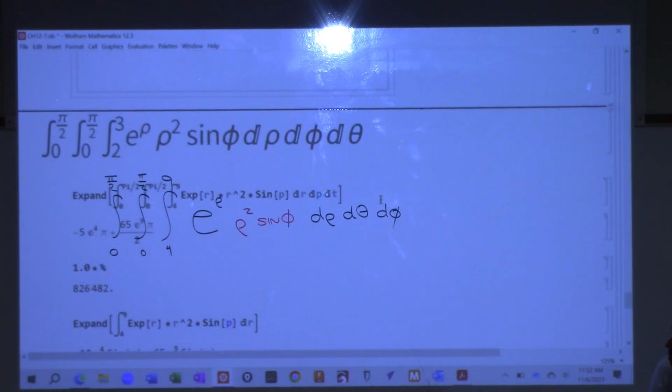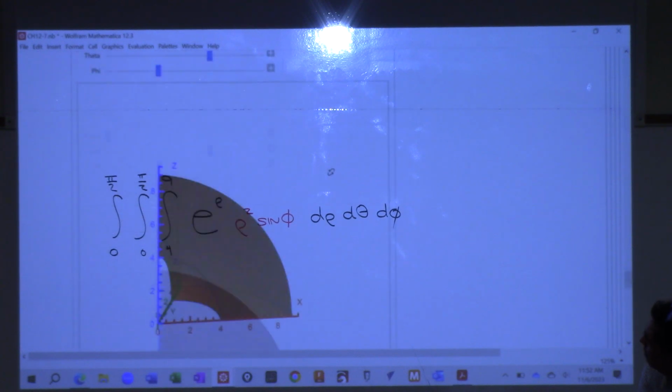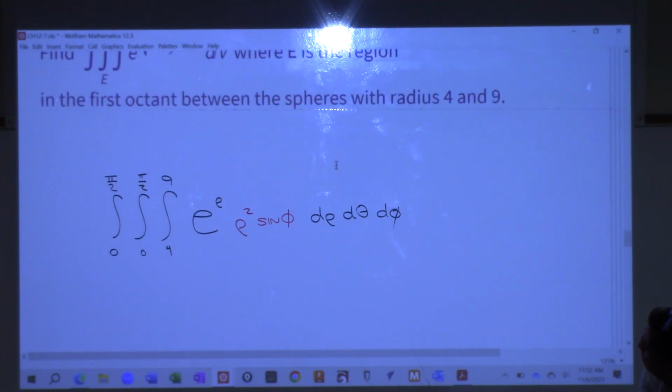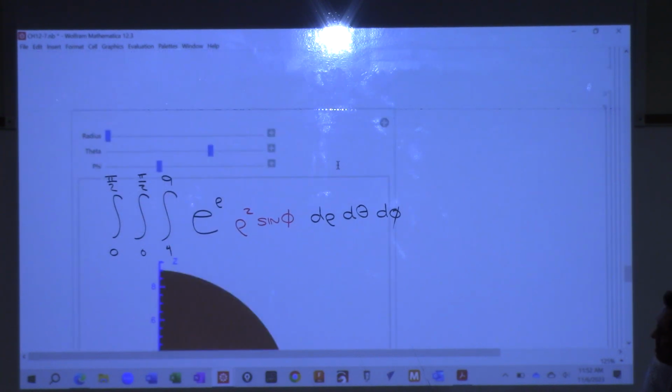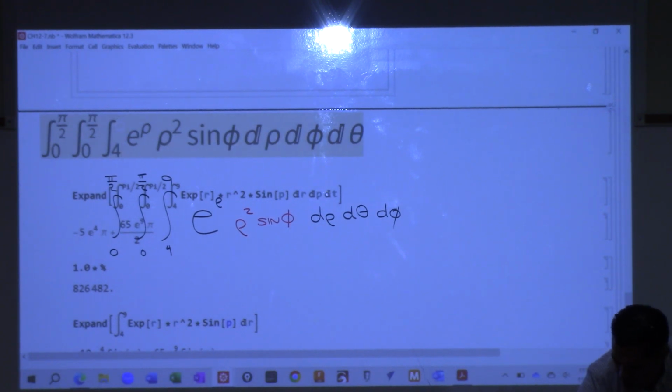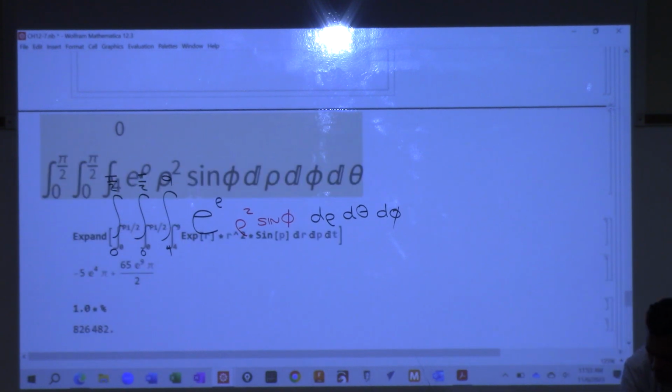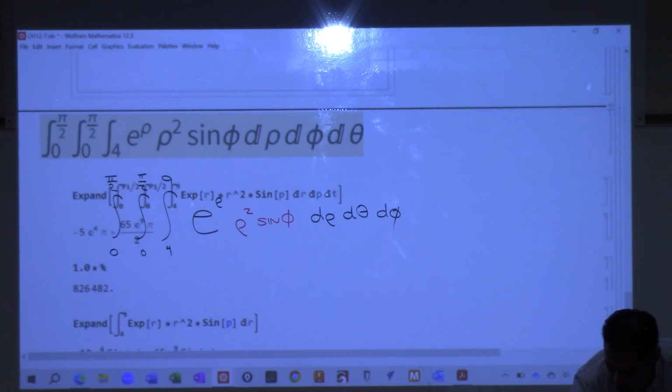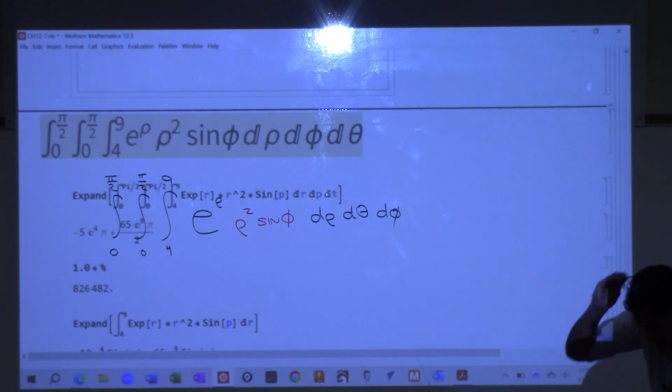Wait a minute. Why did I do 2 and 3? Hold on. I must have typed it in wrong when I did it initially. Obviously, because I'm giving you the radius, this should be 4 and this should be 9. Oh, surprise. Oops. What the heck just happened? Oh, but I fixed it here.